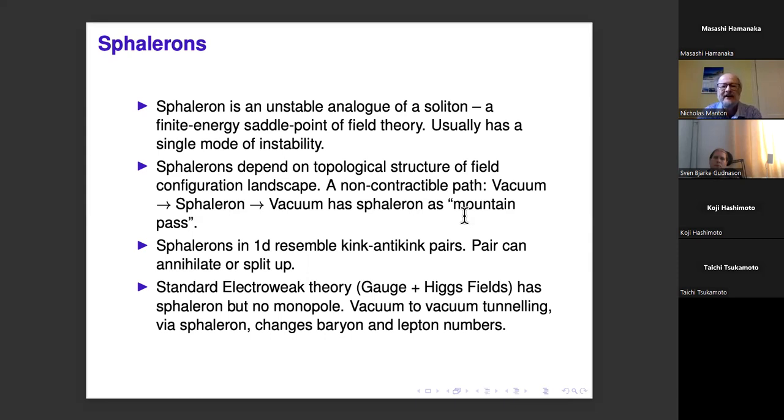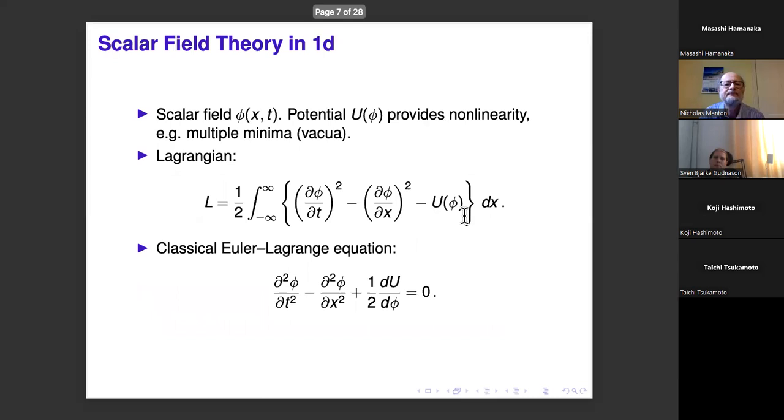And it turned out there was this unstable static solution, the Sphaleron, and it has a known energy of about 9 TeV. So it's hoped that it could be produced, but it's very difficult to produce because it's very small. It's smooth, but it's very small. And it's important because vacuum to vacuum tunneling via this electroweak Sphaleron changes the baryon and lepton numbers.